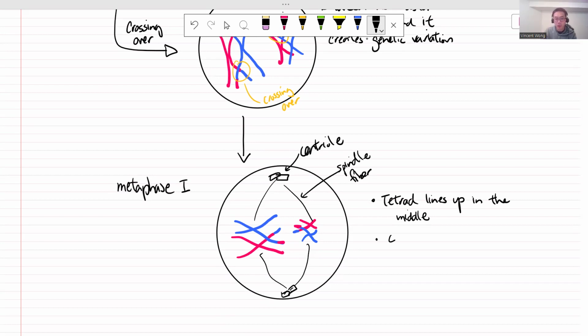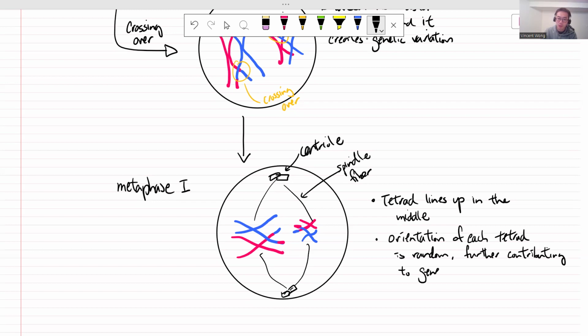And more importantly, the orientation of each tetrad is random, further contributing to genetic variation of the gamete.